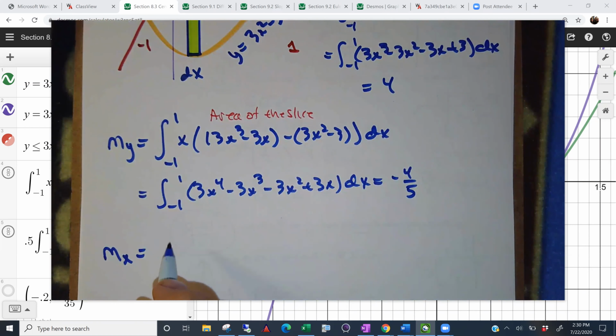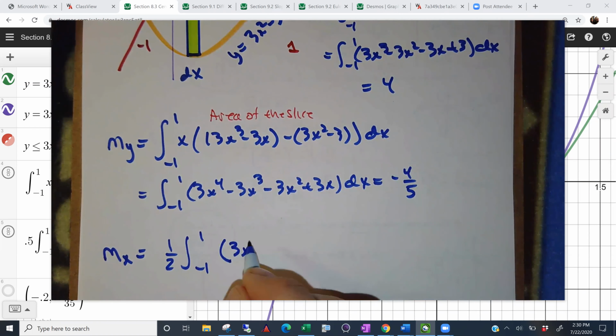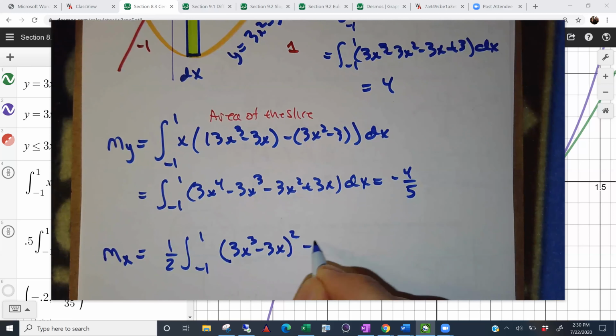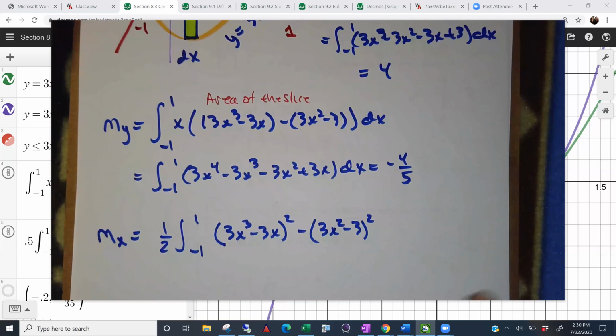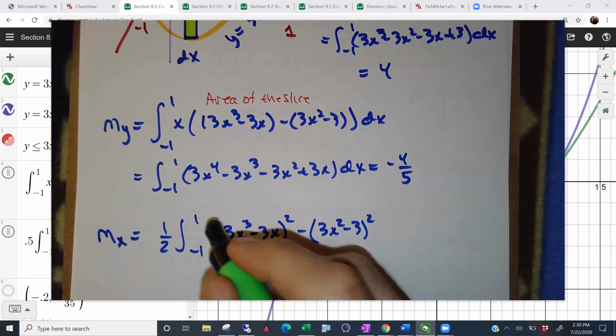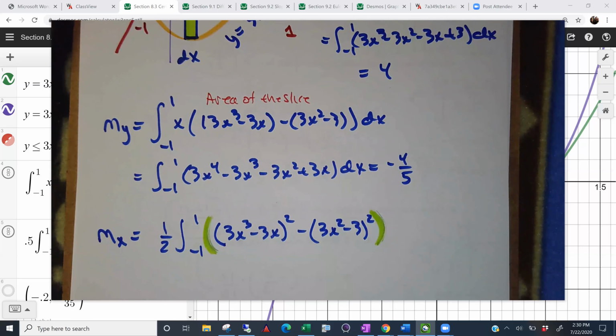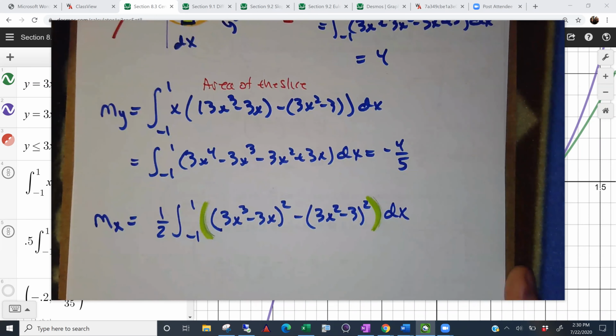So we'll do the 1/2, take that out in front, times the integral from -1 to 1 of the top function, which is my 3x cubed minus 3x squared, minus the bottom function, which is 3x squared minus 3, again squared. All of that times dx. And there you go.